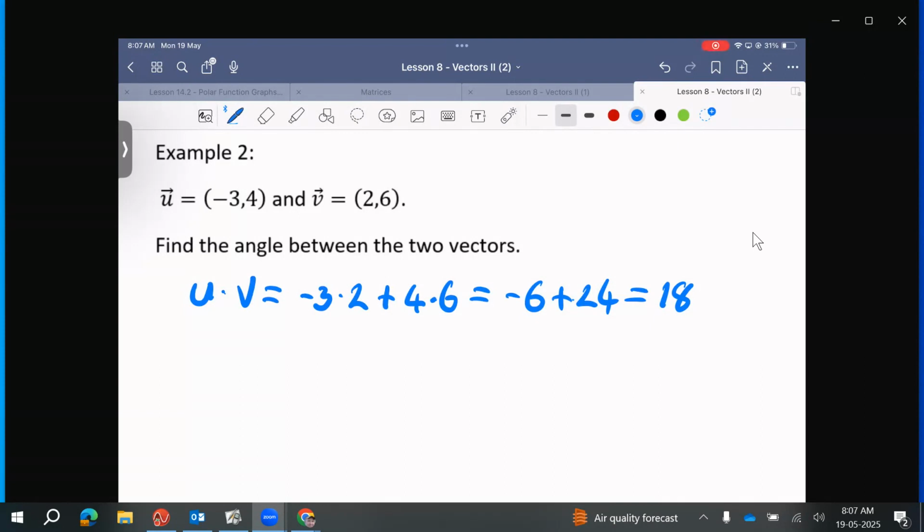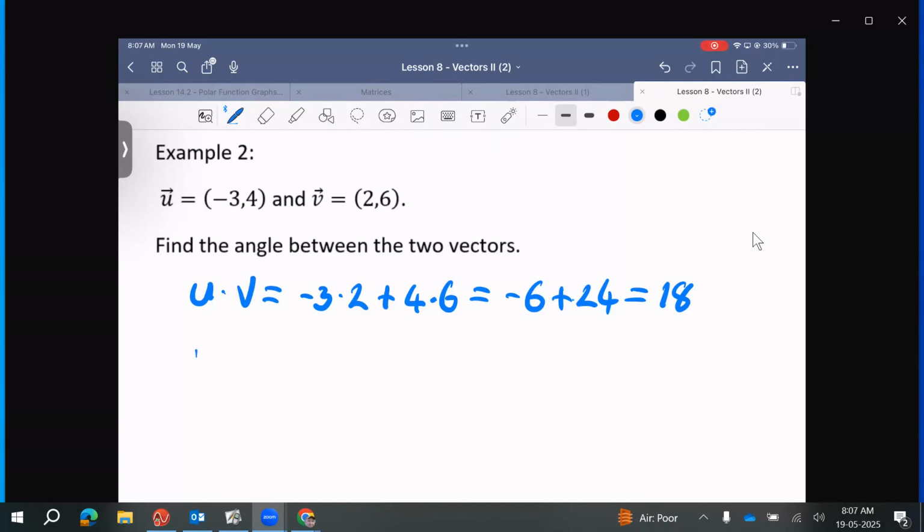So 18. What is the units of this? No, that was a trick question. It's unitless. It's just a scalar. It's like asking what is the units of dot. It's just dot. No units.